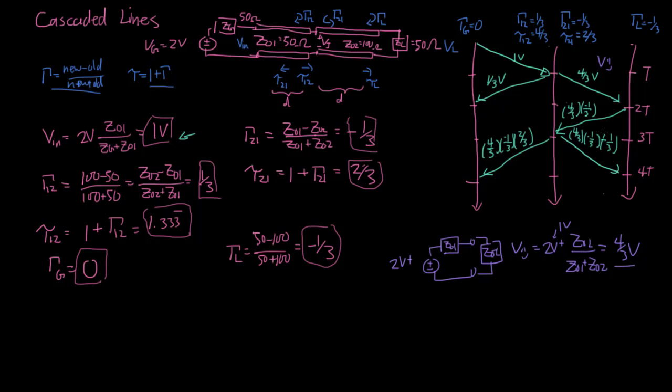And note that that result is the same as this over here, which we also got by just doing 1 plus gamma from 1 going to 2 times V plus. And so regardless of whether you're doing the Thevenin equivalent or the 1 plus gamma, they should both give you the same result.